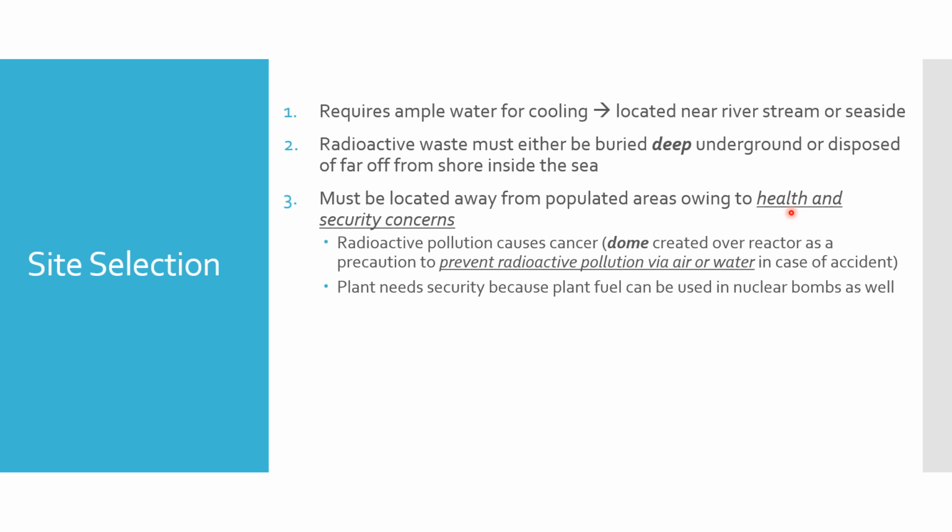Number two, we have security concerns, because these plants have fuel which can also be used in bombs. So we need secure locations for these plants. These plants can themselves turn into weapons if the chain reaction is not controlled. So security teams are deployed for the plants, and these plants need to be inside the secure location so that any hazard or mishap cannot happen.